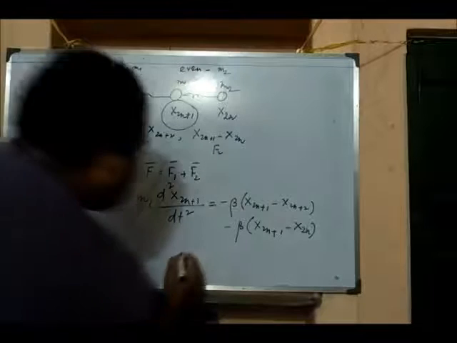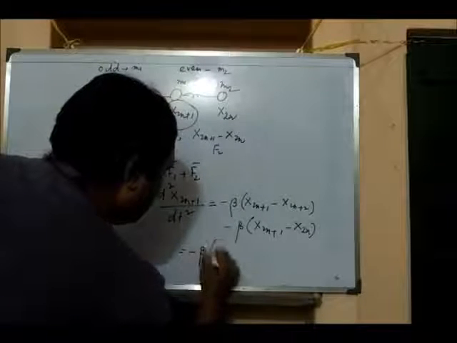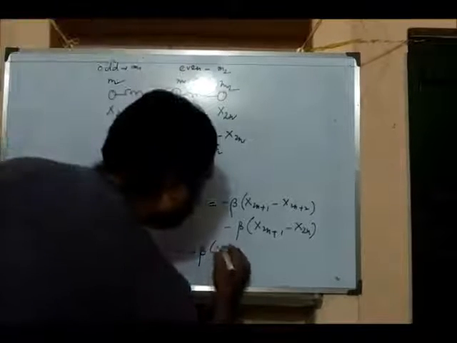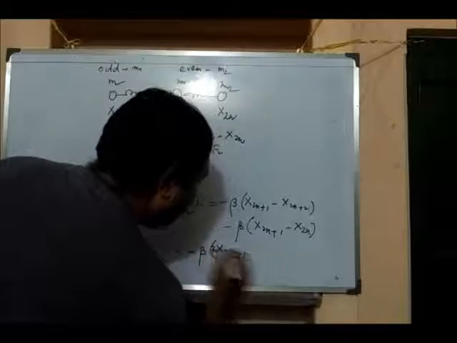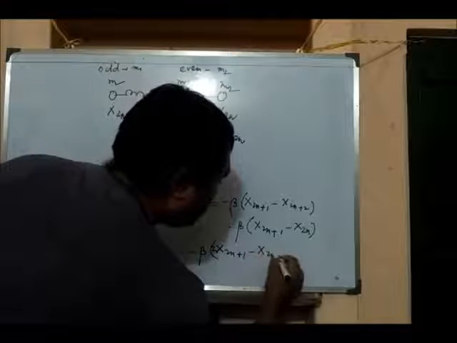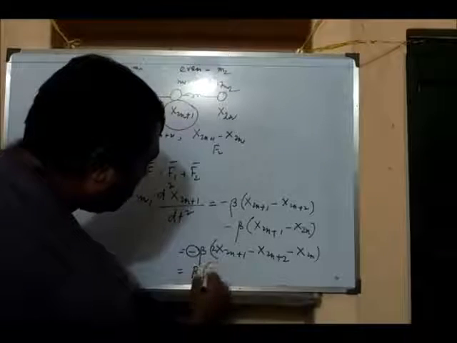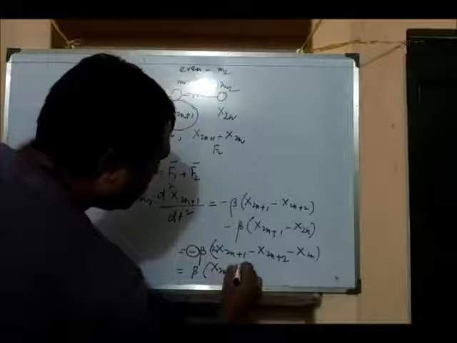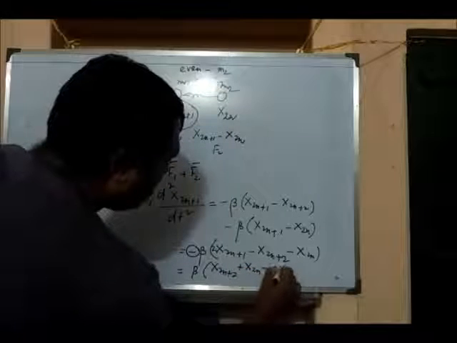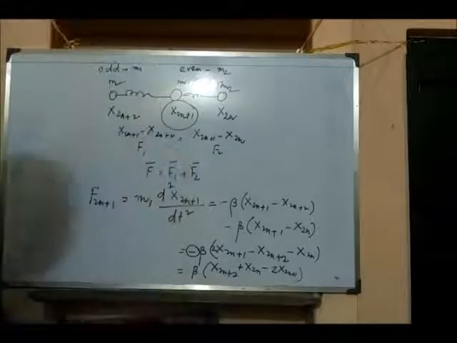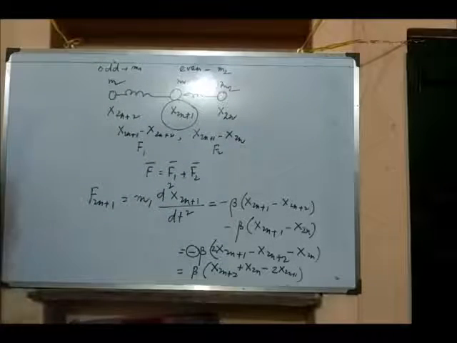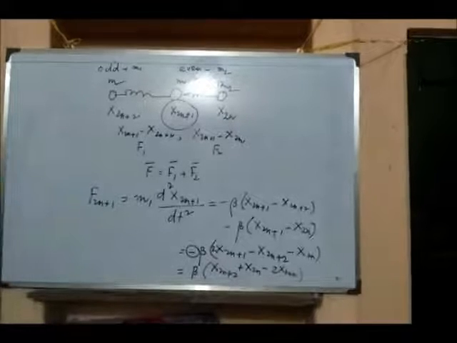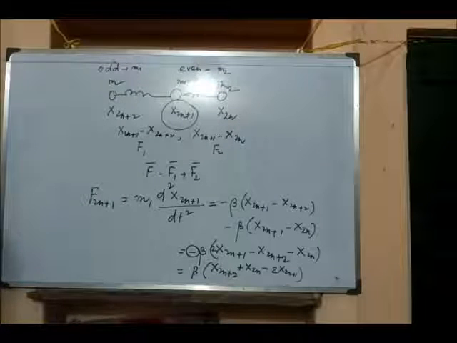So this equation becomes minus beta times (2x_{2n+1} minus x_{2n+2} minus x_{2n}). Eliminating the minus sign, this will be beta times (x_{2n+2} plus x_{2n} minus 2x_{2n+1}). Here 2n+1, 2n+2, 2n are just the suffixes of x_n. Right?